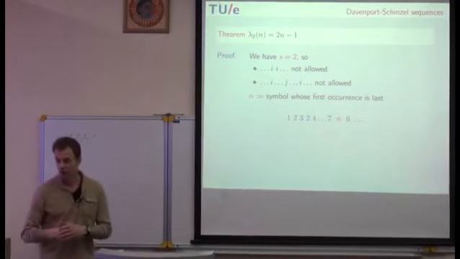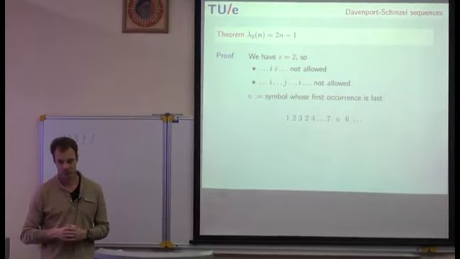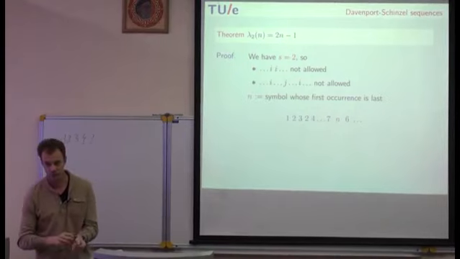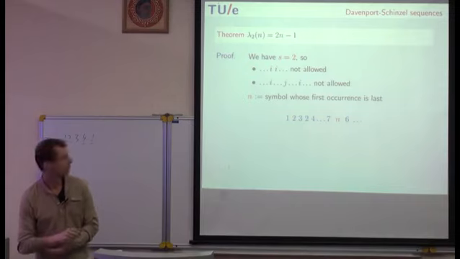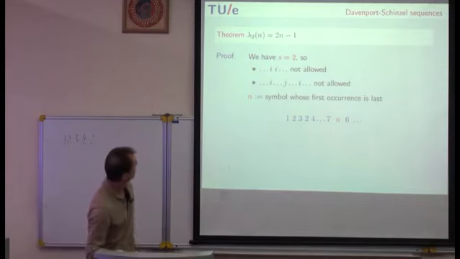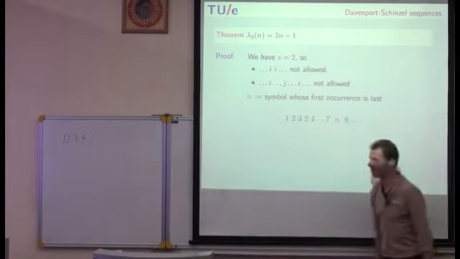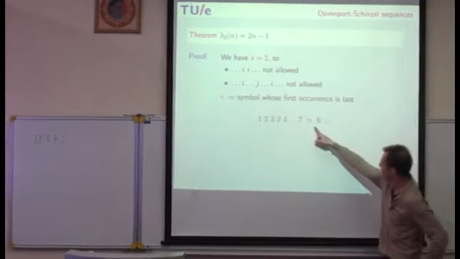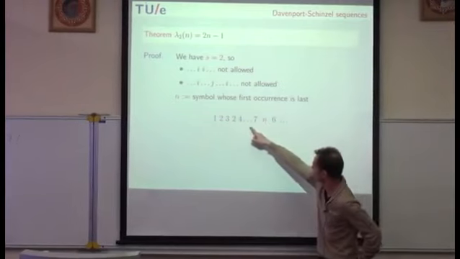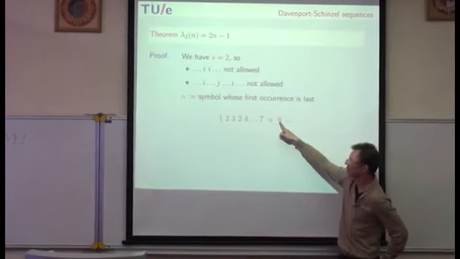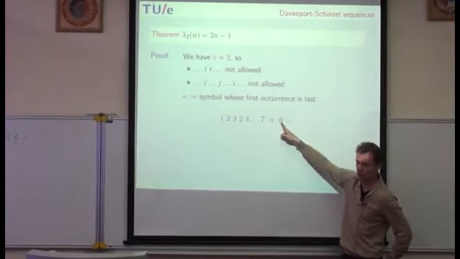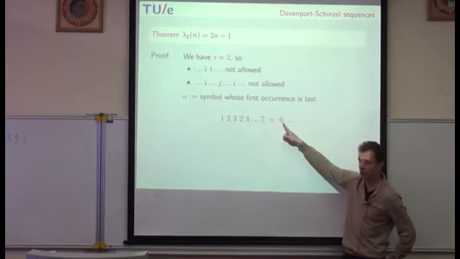Okay, why is that? Yes, I can never use n again because, well, after this one I'm not allowed to put it here. So I have to put something else.